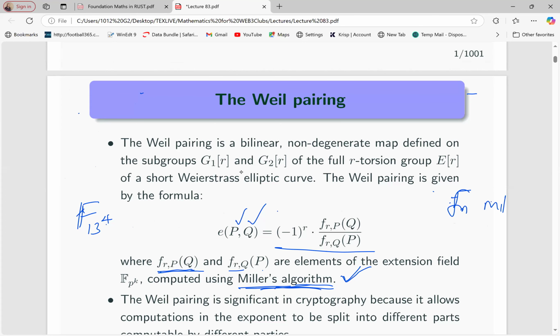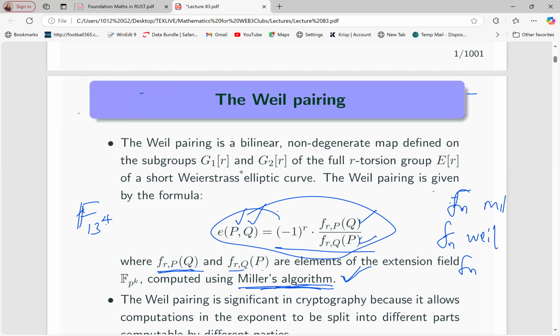Of course, we will then require another function for doing Weil pairing. After you've computed this and that using Miller's algorithm, Weil pairing would just be computed by this formula. So you have a function for doing that. These are not the only functions we require. We also require the main function.